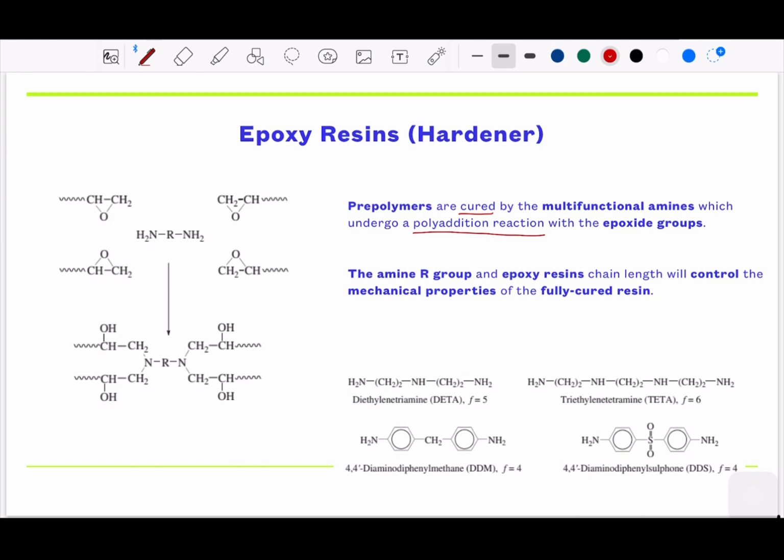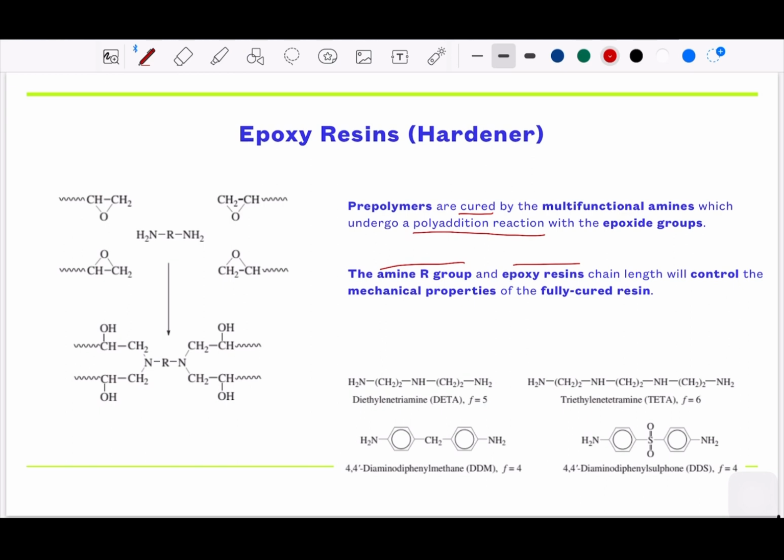And of course, the chain length of this amine R group and the resins will control the mechanical property. So, for example, if you make this R more rigid, like with benzene in the middle, and also in the epoxide carbon, maybe it will have more stability and higher strength.